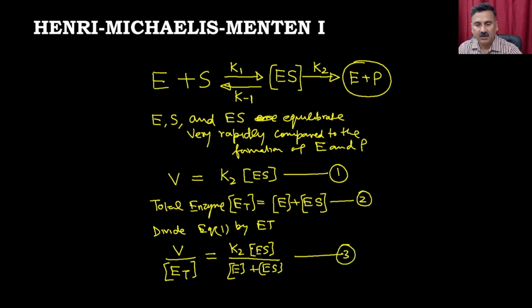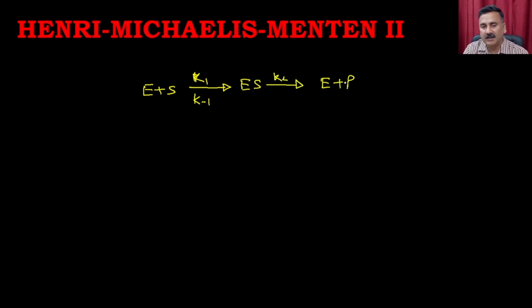Now let's move to the next step. We'll write here again: E plus S is K1, and it's going to form ES, then K minus 1, and K2 gives E plus P, right?